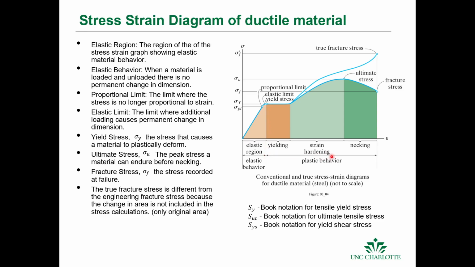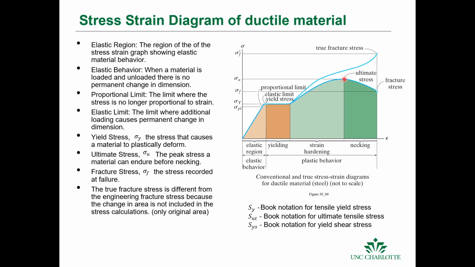So all the way from here to here, this is our plastic behavior. It's also where the material becomes harder, and hardening means that we have to apply more stress to get any additional strain in the material. And so in that case, it's a harder material. So we come all the way up here to this ultimate stress. That's defined as the peak of the stress strain diagram.